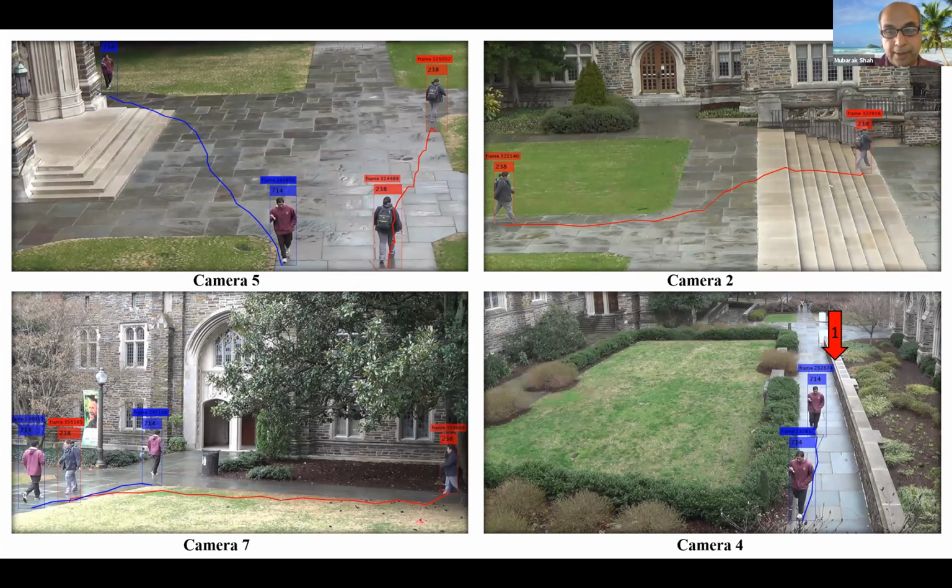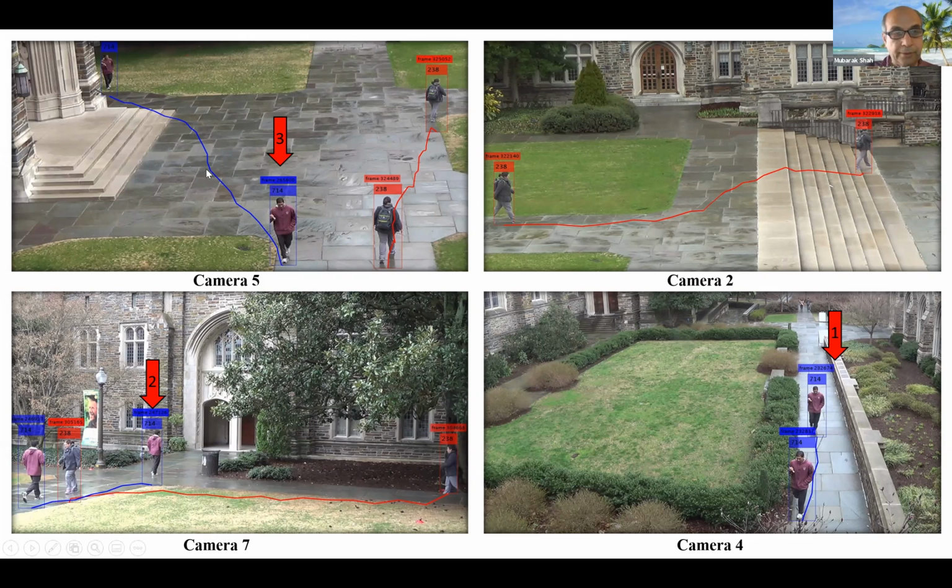So we look at, say, this person, his ID is 714, enters here and exits here in camera 4. Then he enters camera 7. Again, we have the same ID, 714. And then he goes to camera 5. So in 3 cameras, we have the same ID.